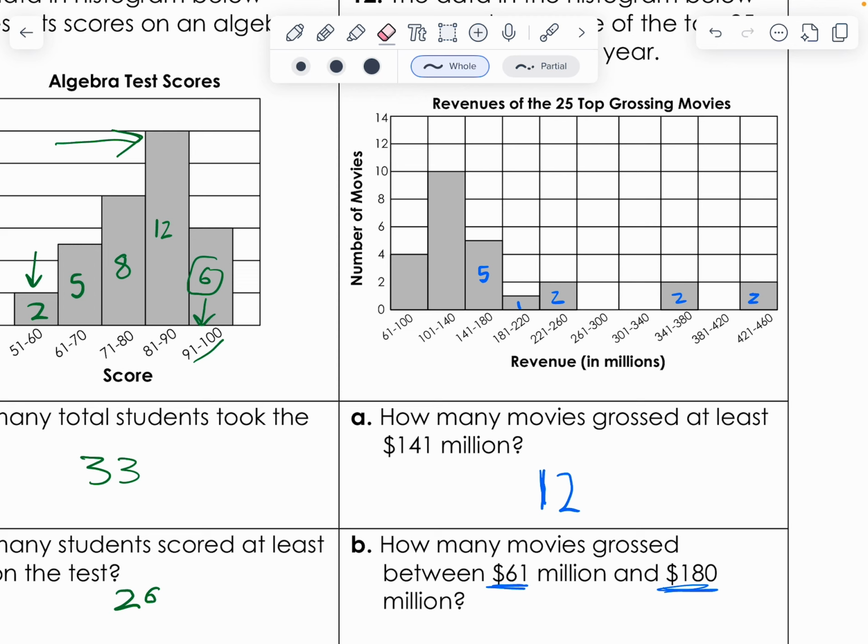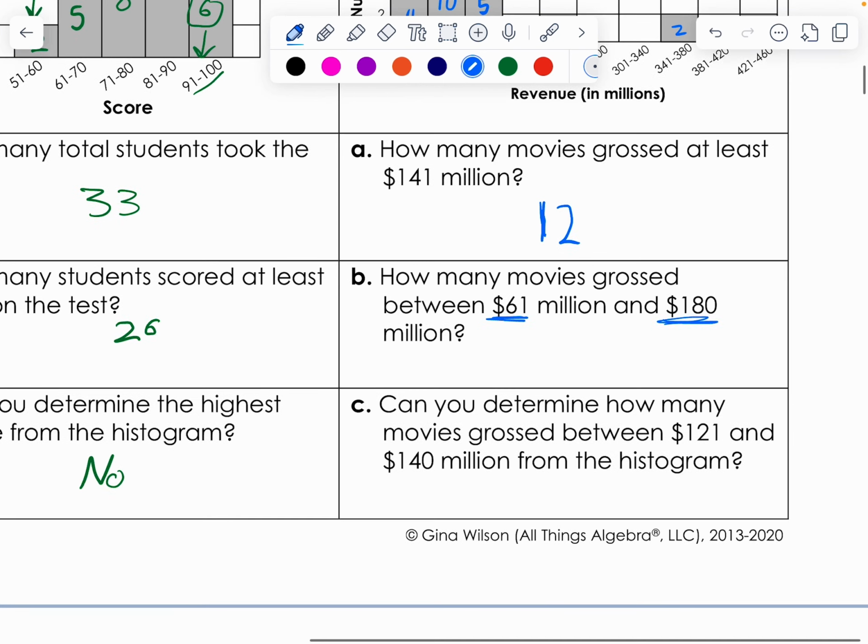And here is my 61 at the very beginning, and we're going all the way up to 180, which is that third bar right there. So now I need to find out how many movies were here, here, and I already know 5 were right there. So, 4 movies, 10 movies. So 4, 10, and 5, you add that together, 19 total movies between 61 and $180 million grossed.